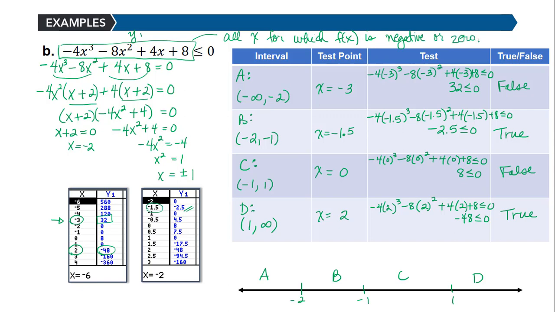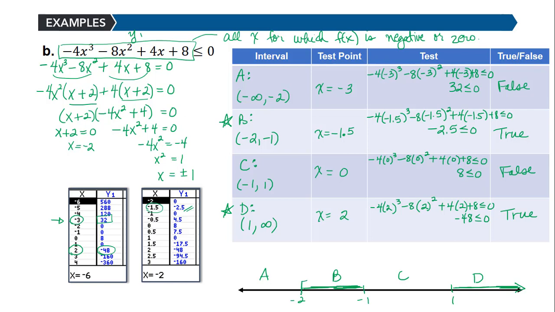Well, it's negative where the function tested true, which is in regions B and D. Now, because we're also permitted to equal 0, we can include our zeros in our solution set. So we're going to shade region B, which is everything between negative 2 and negative 1. Shade region D, which is everything to the right of 0.